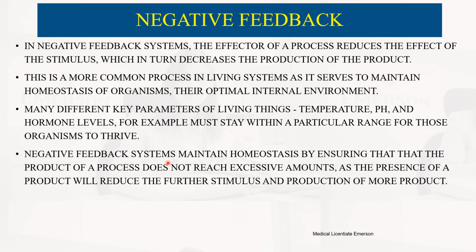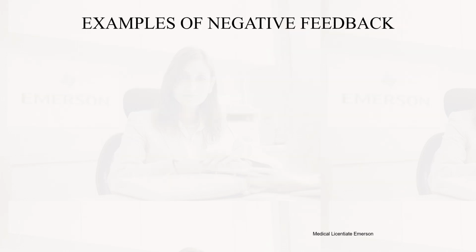So negative feedback systems maintain homeostasis by ensuring that the product of a process does not reach excessive amounts, as the presence of a product will reduce the further stimulus and the production of more product. This is of course going to make sense with the example.